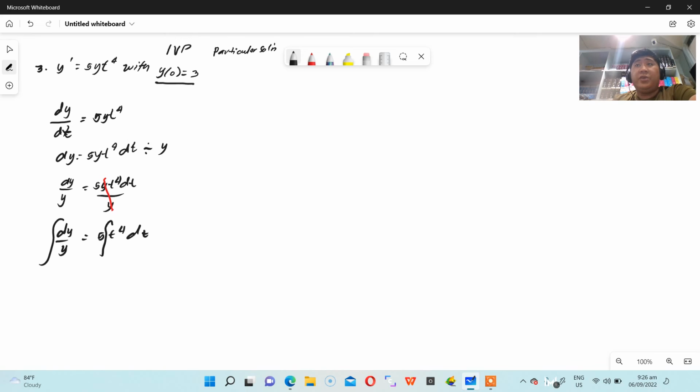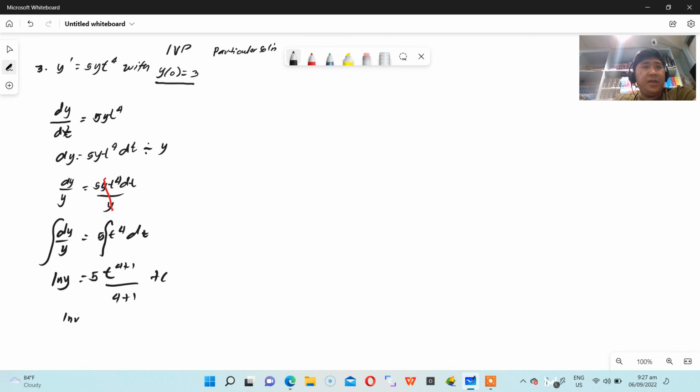Let's go to your integral calculus. Integral calculus states that dy over y is equivalent to ln y. Integral calculus states in the power rule that any variable raised to an exponent, when integrated, becomes t raised to the power of that exponent plus 1, divided by that exponent plus 1, plus c.